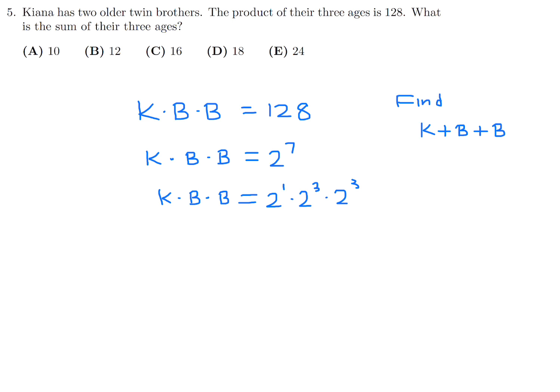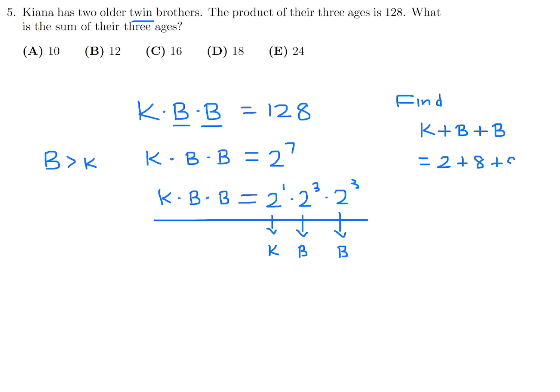The first is that they're older brothers, so B has to be greater than K, and then they're twins, so that's why they're equal in age. Alright, so this is the only scenario, so that basically means that K is equal to 2, and the two B's are equal to 2 to the power of 3, which is 8. So K plus B plus B is 2 plus 8 plus 8, which is 18. So number 5, the answer is D.